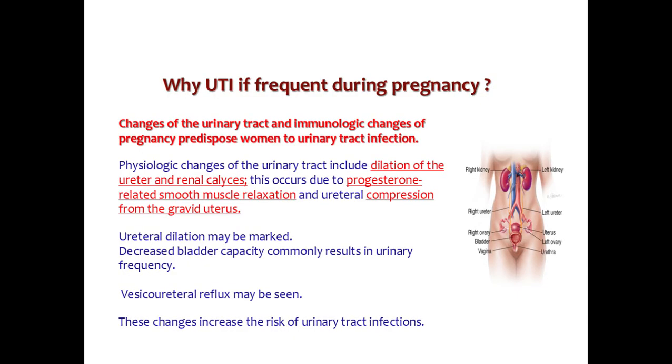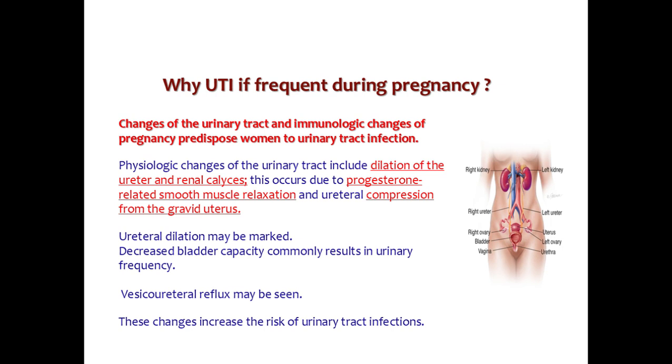We will answer the question of why pregnant women are vulnerable to urinary tract infection during pregnancy. It is because of immunological changes, and also hormonal changes and some anatomical changes.